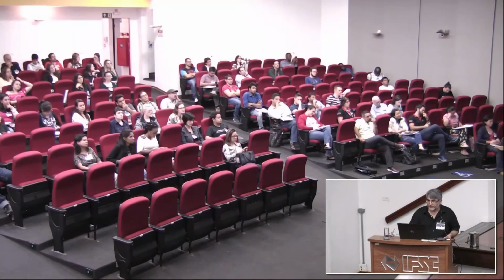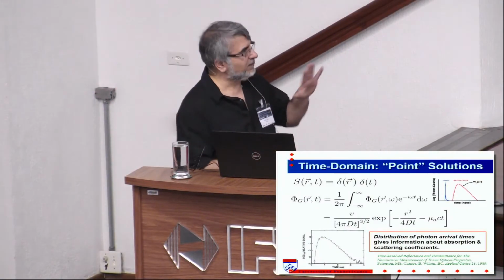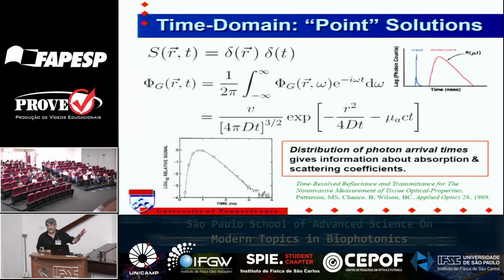Okay, so that's the name of the game for the solutions in the infinite medium in the frequency domain. I just want to mention that I like the frequency domain, but you can also work in the time domain, okay? And basically, they're Fourier transforms of each other. In that experiment, you put in a short pulse over here, say, and over here you measure the time distribution of the arrival times of the photons.